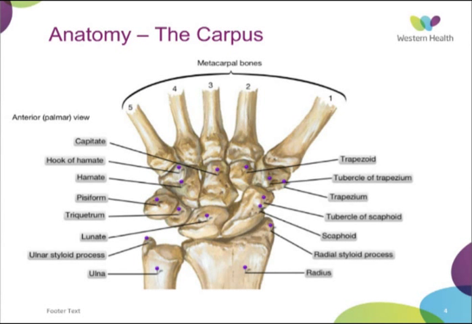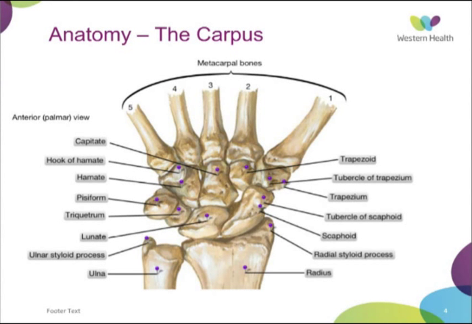In the proximal row, we have the scaphoid, the lunate, the triquetrum, and the distal row is the trapezium, trapezoid, the capitate, and the hamate. There's another bone here called the pisiform. That is actually a sesamoid bone, which is located in the tendon of flexor carpi ulnaris, and doesn't really contribute to any of the structural integrity of the proximal or distal rows.